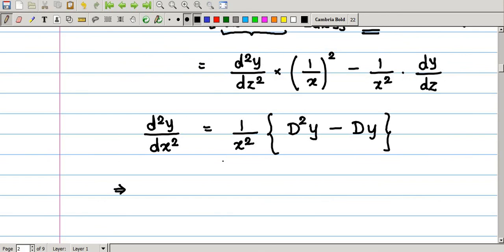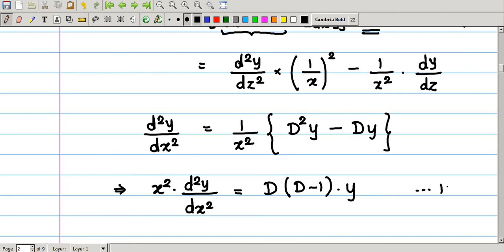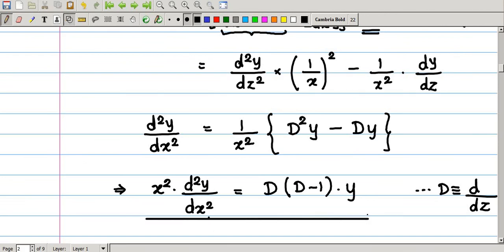Now if we rearrange the terms, we get x square into second order derivative of y with respect to x is equal to D into D minus 1 into y, where D represents derivative with respect to new variable z. Now this will be the next substitution for the second order derivative term.